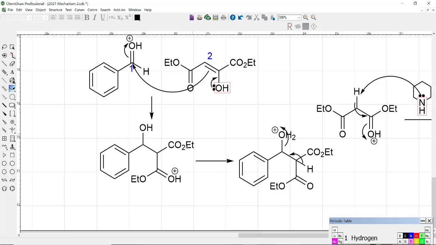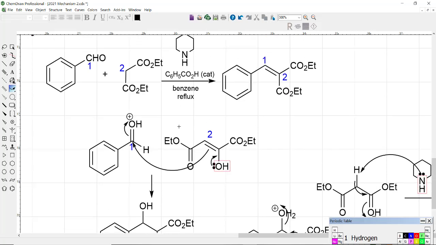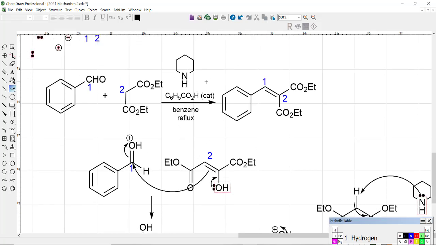For the purpose of this particular exercise, if you're able to draw something like that, I would say it's already very good. E1cB is usually driven by the presence of a strong base. In this case, this particular mechanism is actually acid catalyzed. Of course, you are not sure what is the use of this particular amine besides acting as a source of base.